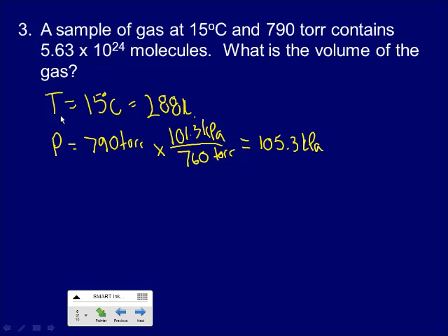Now, my next bit of data is 5.63 times 10 to the 24 molecules. How do I turn individual molecules into moles? Yep.